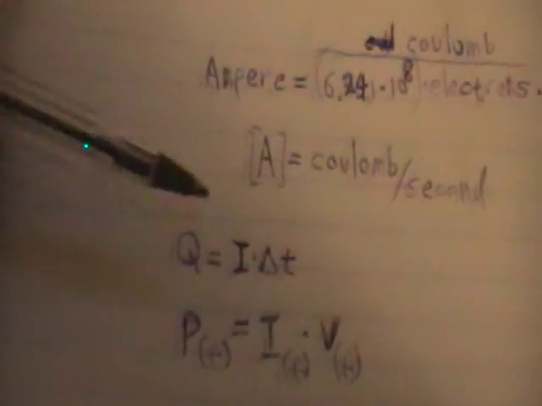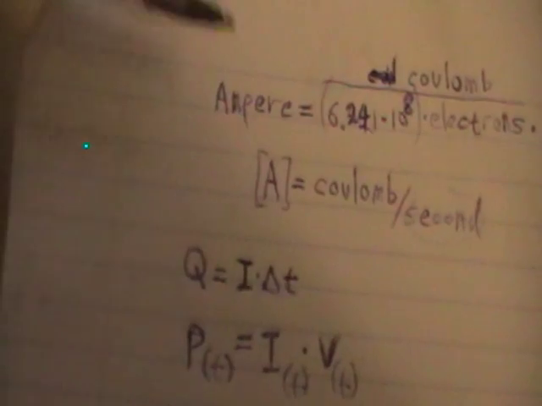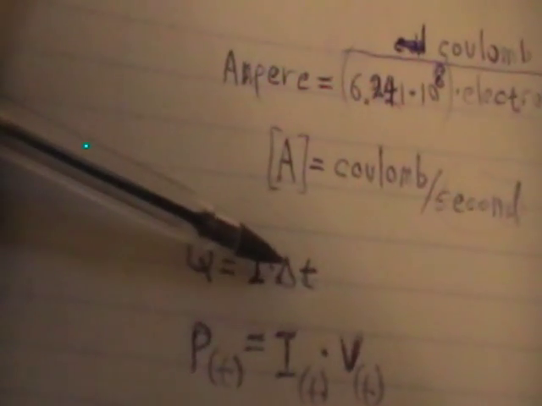So a battery's charge can be considered as the amount of current that battery can output for a certain amount of time.